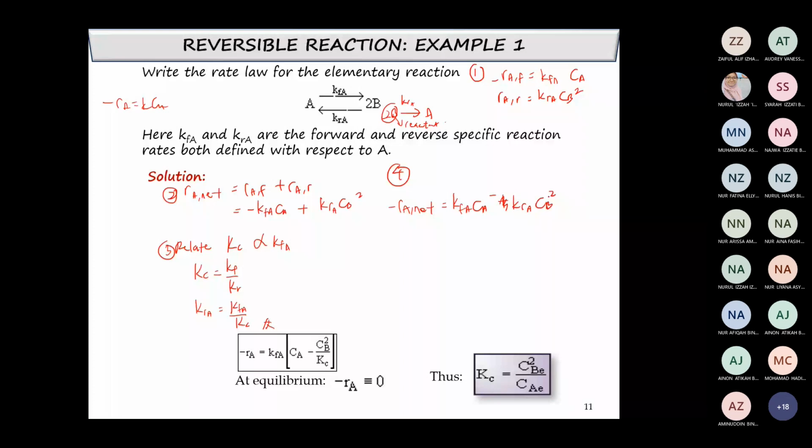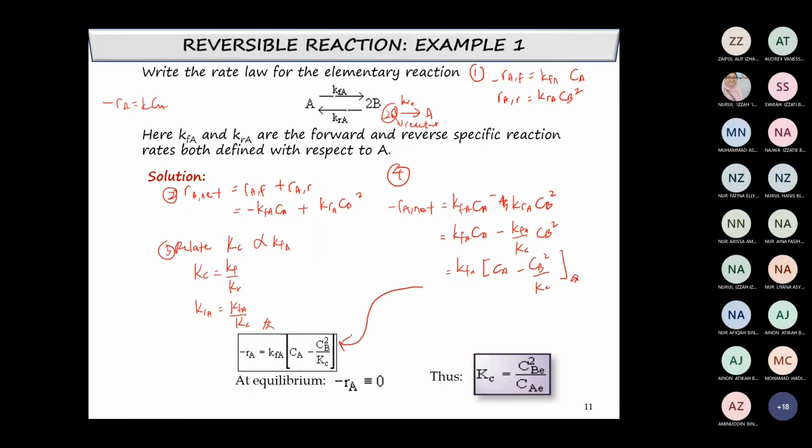Okay, so remember kita nak replacekan ni sebab nak relate dengan KC. So it become KFA CA minus with the what is KRA? KRA here kan? So it become KFA over KC times with the CB squared. So keluarkan balik KFA dia. Okay, you boleh keluarkan KFA times with the CA minus with the CB squared over KC. Okay, so this is how you get lah this one.